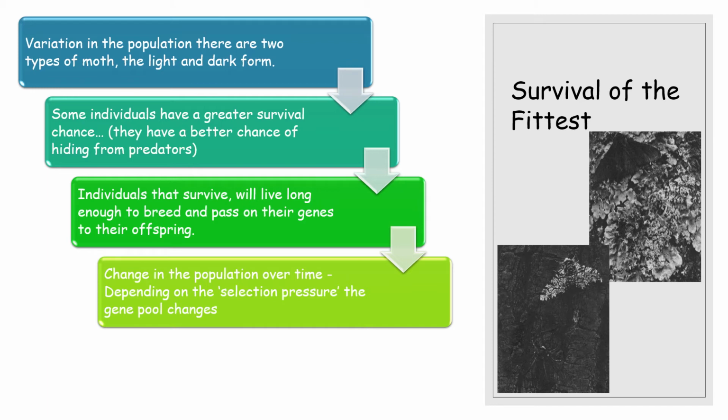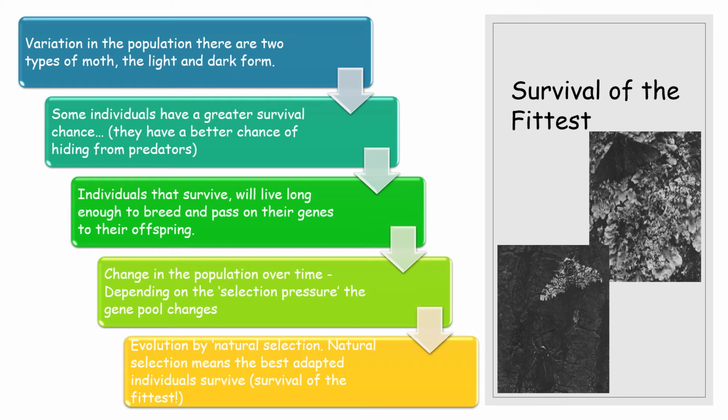And in this example, the selection pressure remains the same. It's predation by birds, but the environment has been changed. So therefore, predation by birds of the two variants changes because of the camouflage against the background.